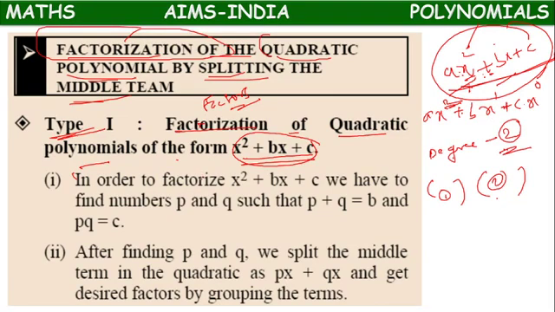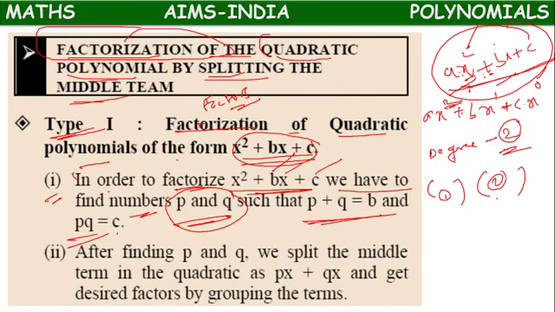Now, what are the steps? In order to factorize x square plus bx plus c, we have to take the help of two numbers p and q such that their sum is equal to b, means the coefficient of x, and their product is equal to the constant c.